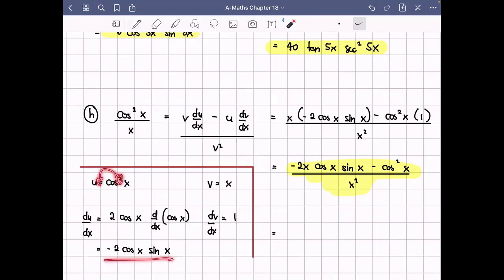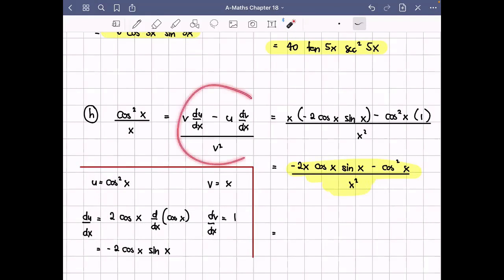This times this becomes 2. And then 2 minus 1 is just 1. And then bring down cosine of x. And then you still need to derive this cosine of x. That becomes negative sine of x, right? That's why this is negative 2. So this is the differentiation of u, or the derivative of u. And then v is x, and basically the derivative of that is just 1.